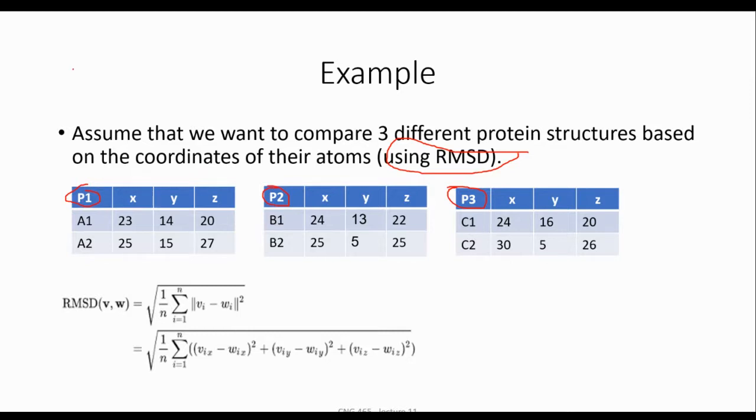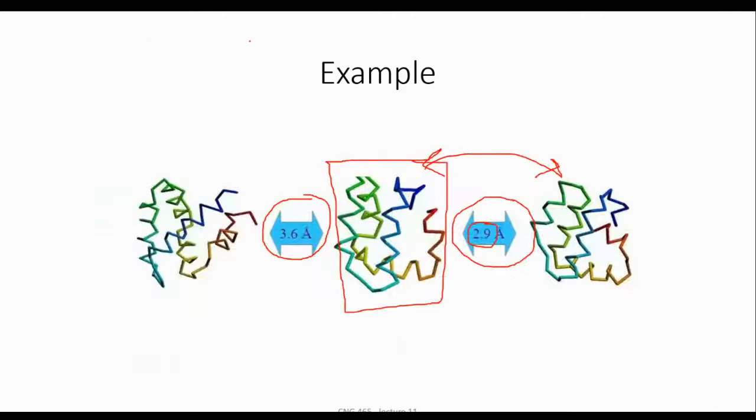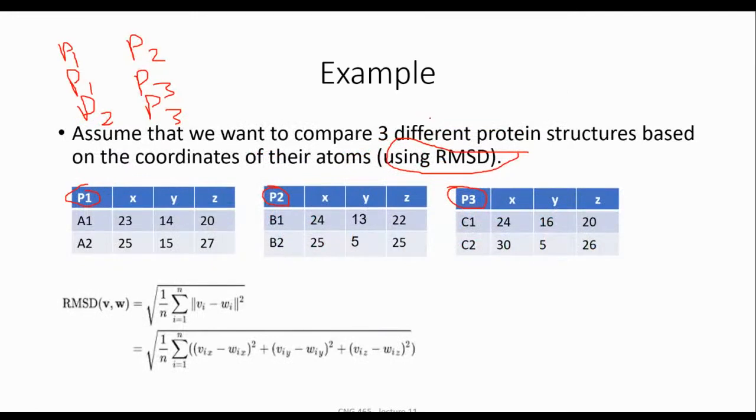So it means that I should compare P1 with P2, P1 with P3, and P2 with P3. This one is different from the example that I mentioned, because my goal there was just to compare a specific protein with others. But in this example, we are trying to compare all of them together to understand which pair is more similar, okay? So I have 3 cases that I should compare together.